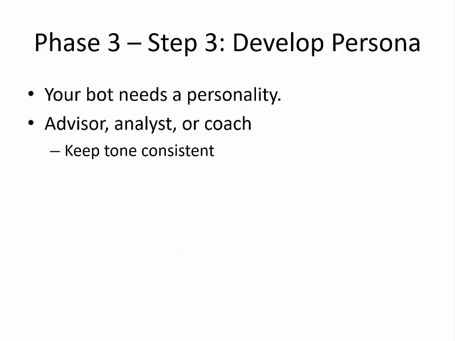Then we need to develop a persona. Persona is more like a personality, right? Some sort of character. So you need to give some character to your bot as an advisor, analyst, or coach, so that it can keep a consistent tone. In my case, like a t-shirt coach, it should be focused on particular content with a particular tone.